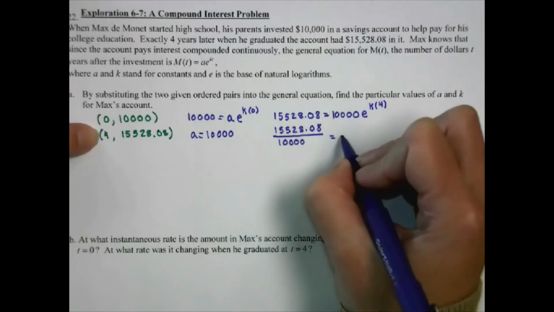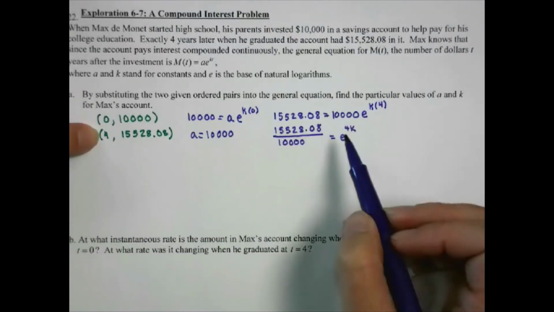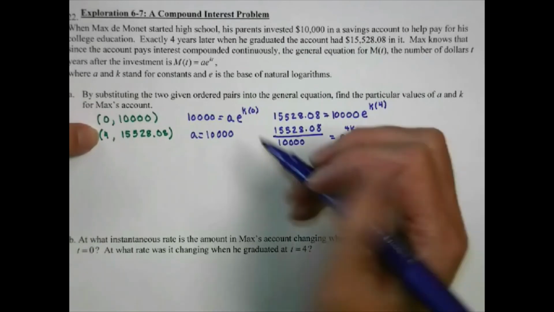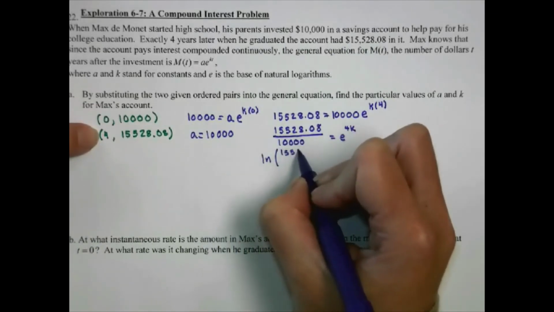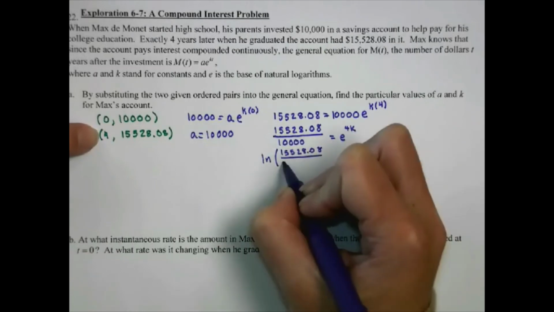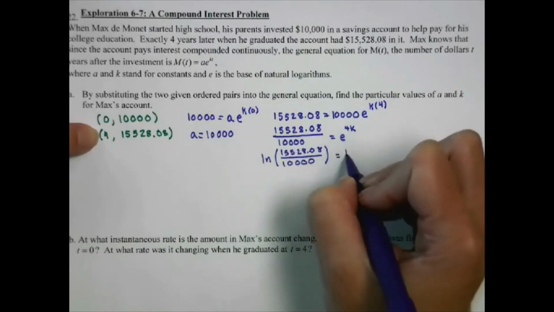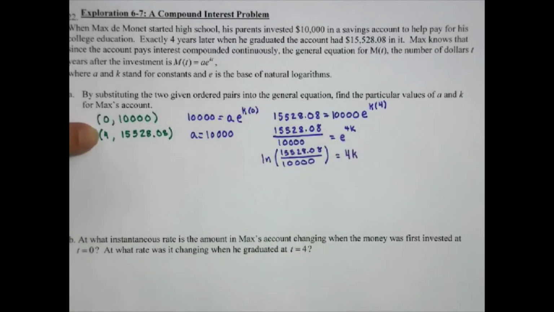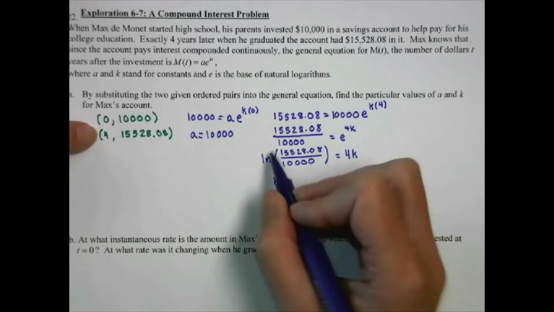That equals e to the 4k. To get rid of the e to the 4k, we take the natural log of both sides. So that gets rid of the e entirely. So then we have 4. So my k is going to be all of this divided by 4.